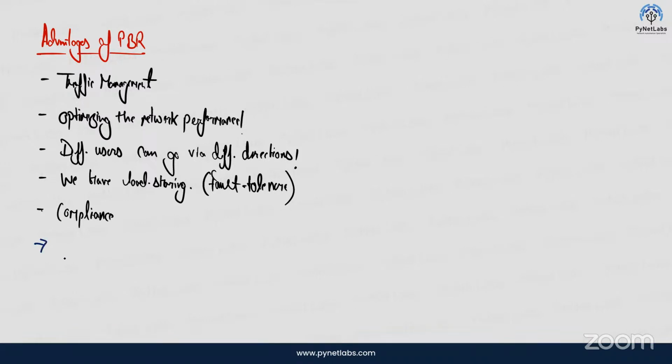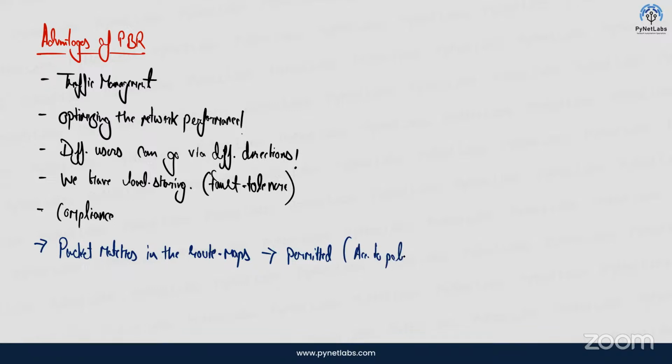The first point is that if the packet matches in the route map, because these route-map statements need to be defined, then it is permitted. And permitted in what sense? Permitted in the sense of sending the packet according to the policy, whatever policy you define.